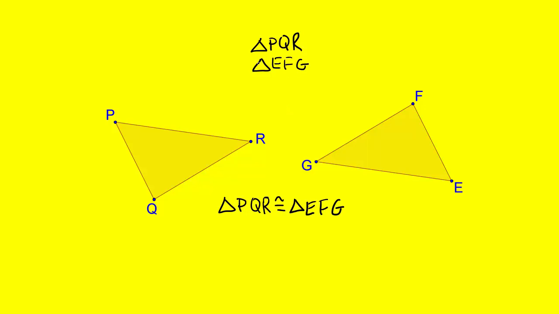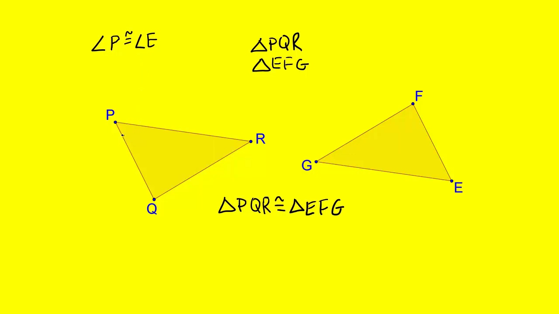So when I stack them like this, I can tell the letters that match up with each other, those are going to be the corresponding angles. So for instance, angle P, well, this angle will be on top, is above this angle E, so I know they're going to correspond with each other, and since they correspond, I know those two angles are going to be congruent. So if I want to, I could go in the picture and label that now.